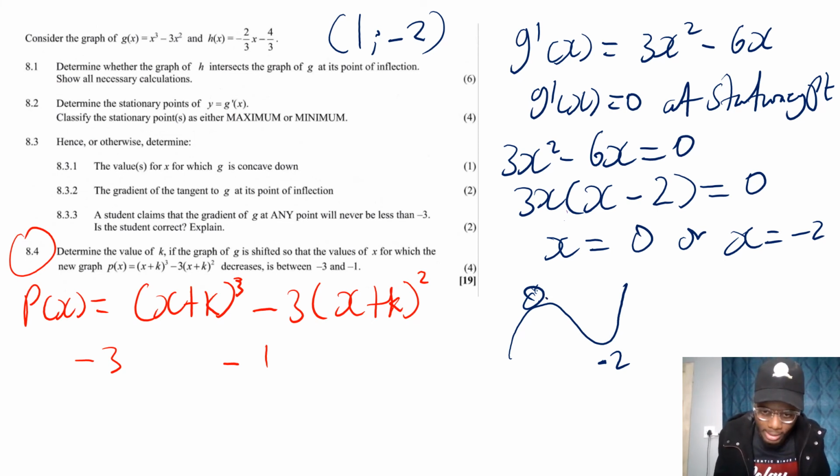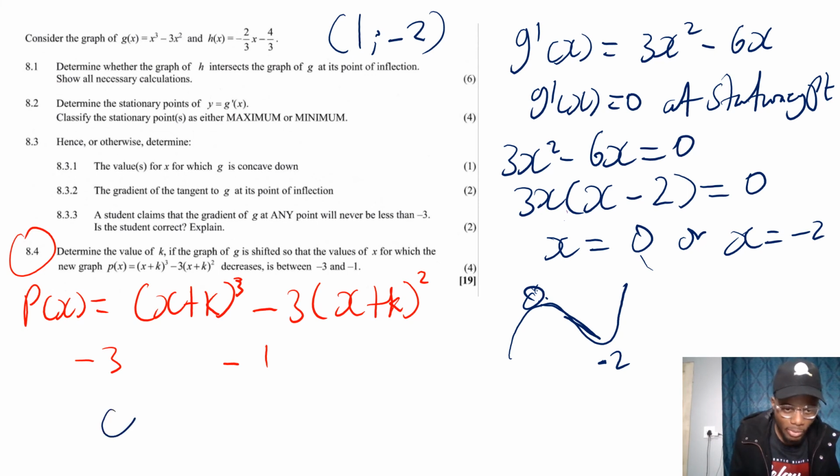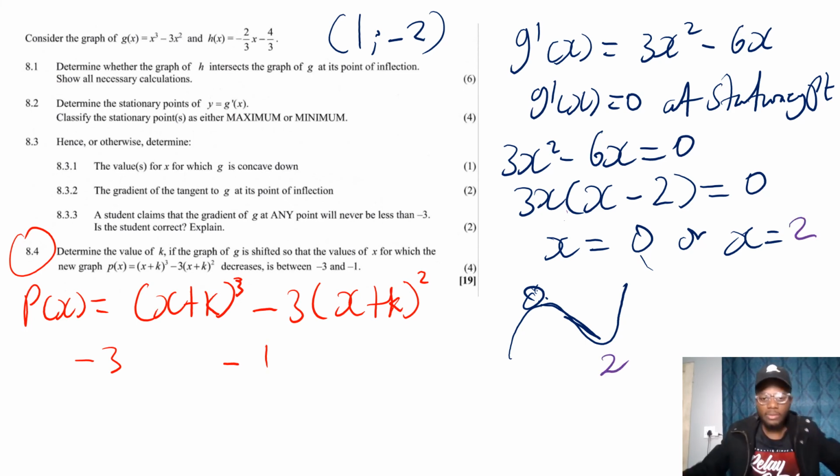Then you can see this function is decreasing between 0 and 2, and we start with the small value. Oh, I wrote -2, but it's +2. Sorry guys, sorry for that. I made a mistake. It's +2. So the graph of g decreases between 0 and 2.